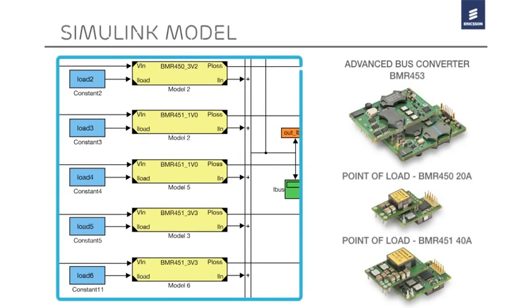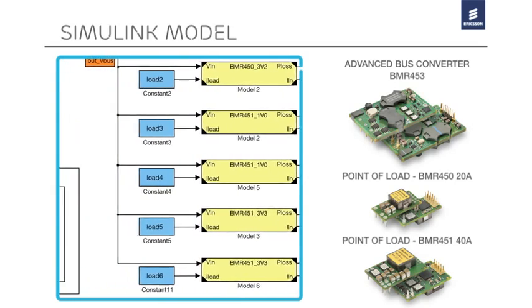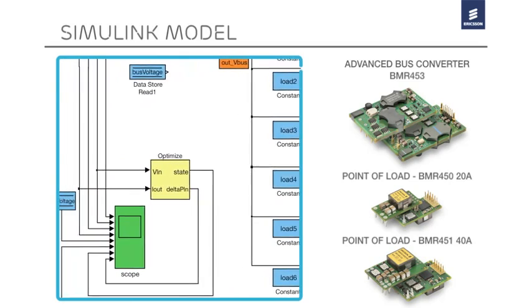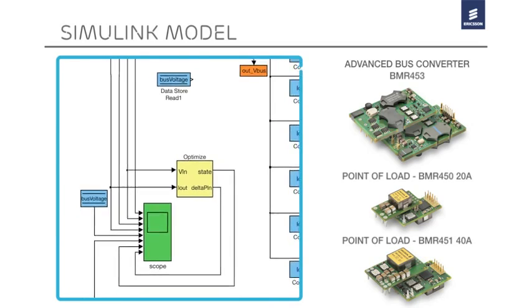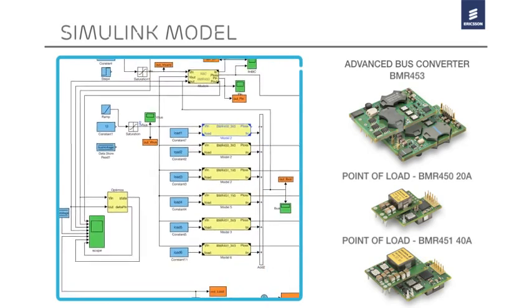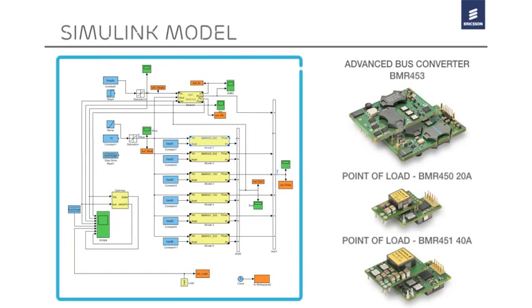To dynamically control the intermediate bus voltage and to optimize system performance, we added an algorithm which collected the data to create the simulation model and delivered instructions to the BMR453 to adjust the intermediate bus voltage to an optimum value for a certain load condition. Now we've seen the system, let's have a look at the optimization algorithm.